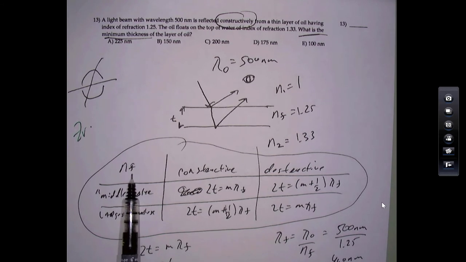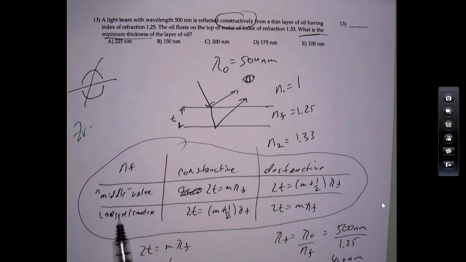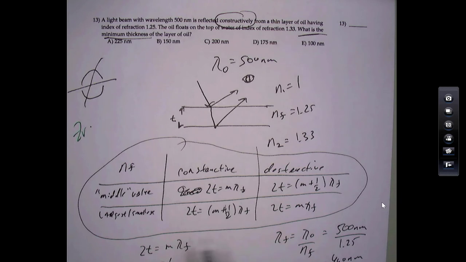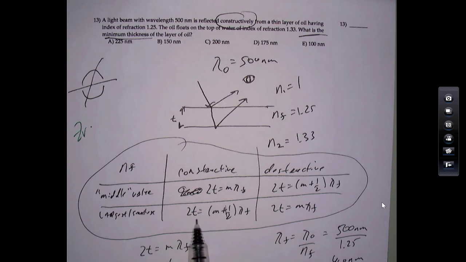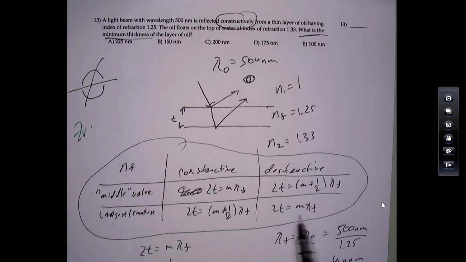Now if the index of refraction of the film is the largest or the smallest value, when that happens you have one phase change on one surface but not a phase change on the other surface. So they arrive out of phase. So for constructive interference the formula is different: 2t equals (m plus a half) times the wavelength in the film. And then destructive interference, 2t equals m times the wavelength in the film.